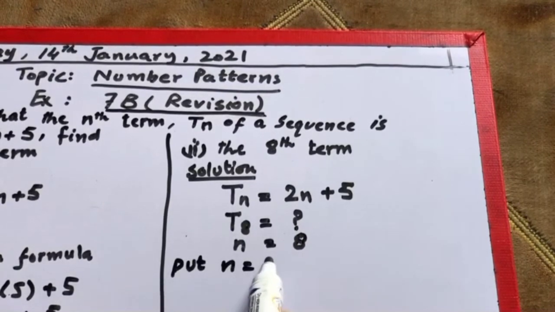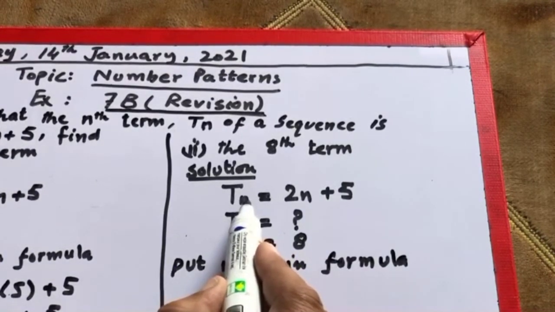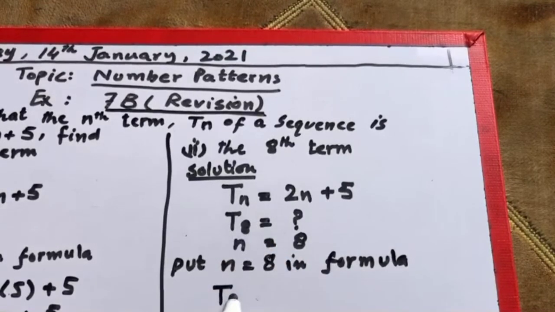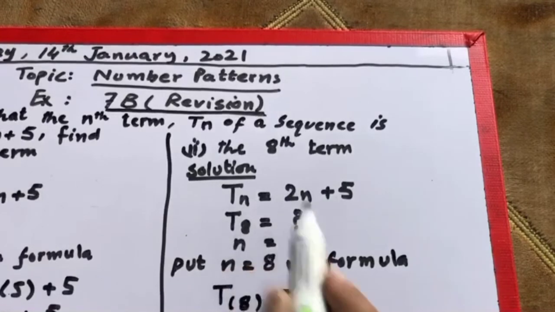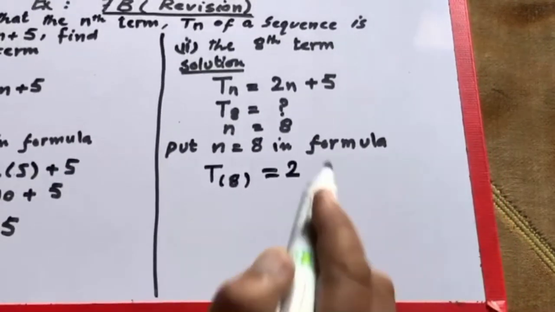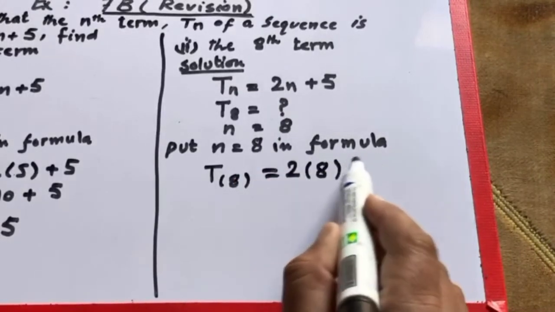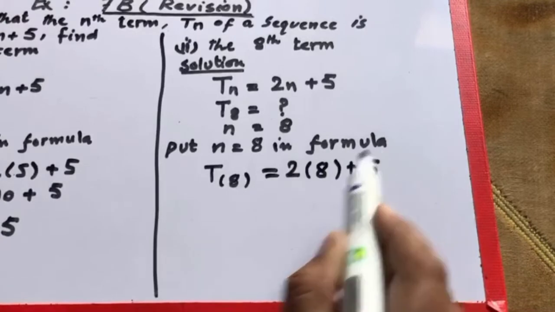So by putting n equal to 8 in the general term formula, we replace it: T8 is equal to 2, which is a constant number, and n is replaced by 8, plus 5.